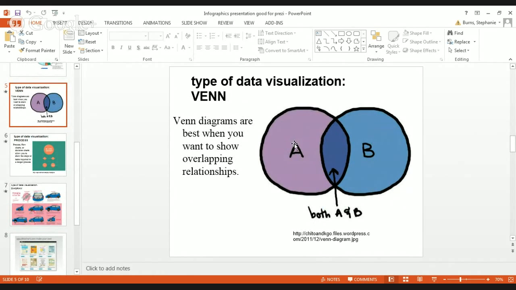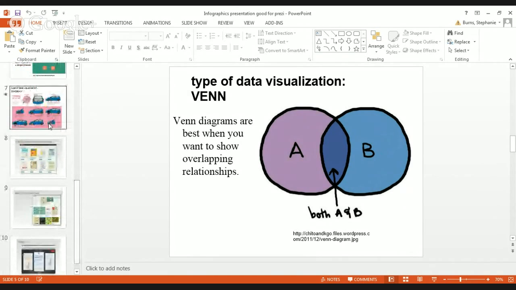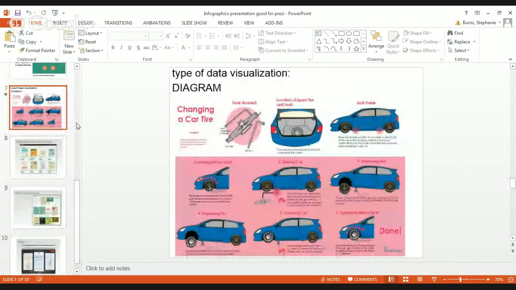So you have an A side, a B side, and in the middle, information that pertains to both A and B. So this is for overlapping relationships. A diagram, such as this one, shows how to complete a task. And in the following visualization, you have a diagram for changing a car tire.